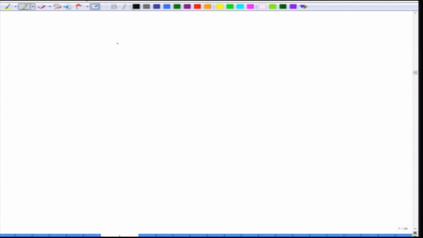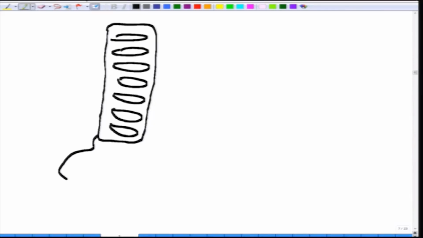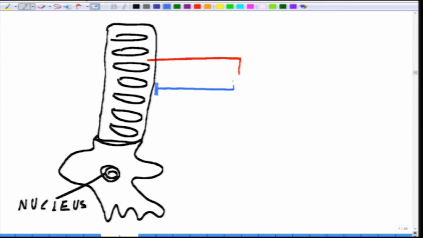So, let us again get back to the structure, let us take the example of a rod now. Here you have all those rhodopsin molecules which are sitting here. Okay. Here you have the nucleus, and now say for example, you put an electrode inside the cell, and you put another electrode outside the cell like this, and you have a voltmeter sitting here.